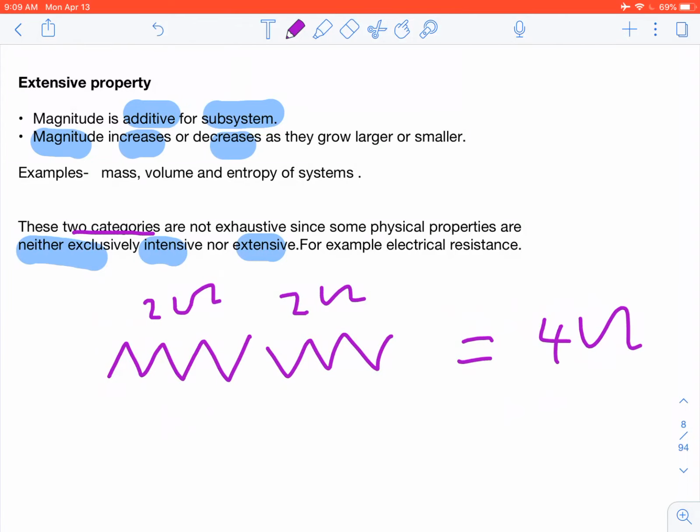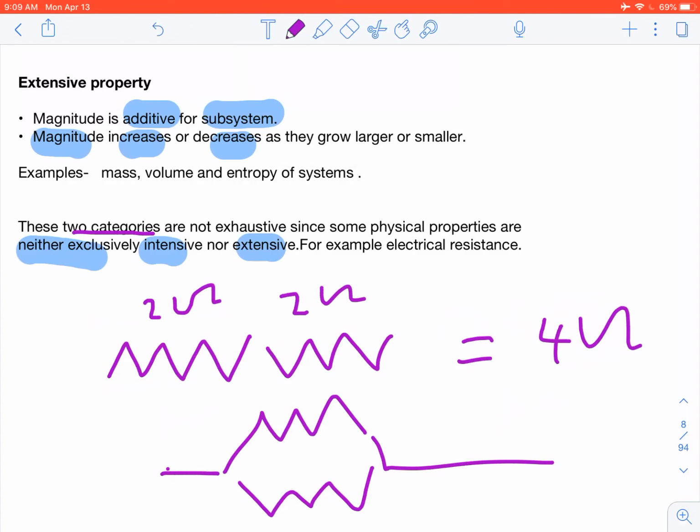So the extent or the size increases and the resistance increases. But there are situations where you can connect them in parallel, with 2 ohms and 2 ohms, and then the total resistance of that system decreases. So it depends on how it's connected.